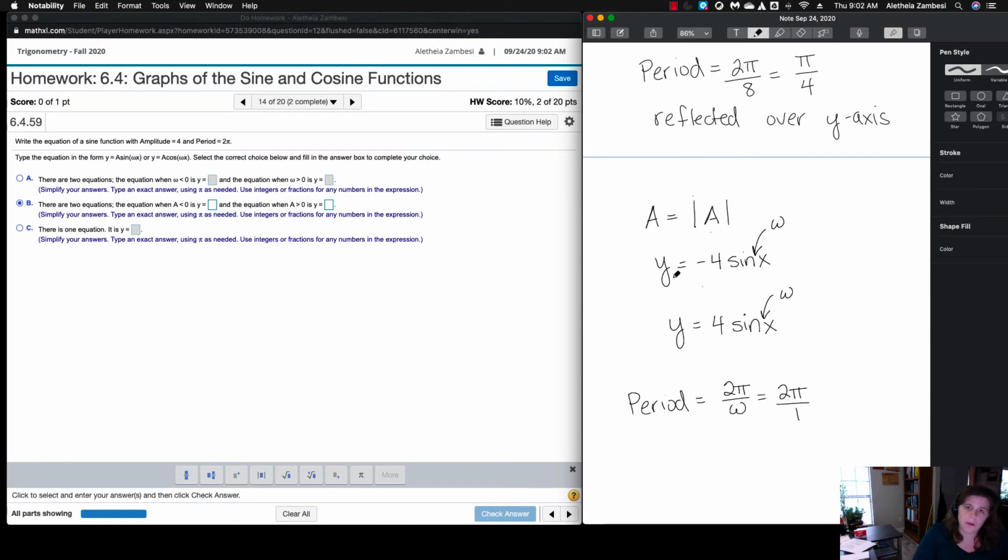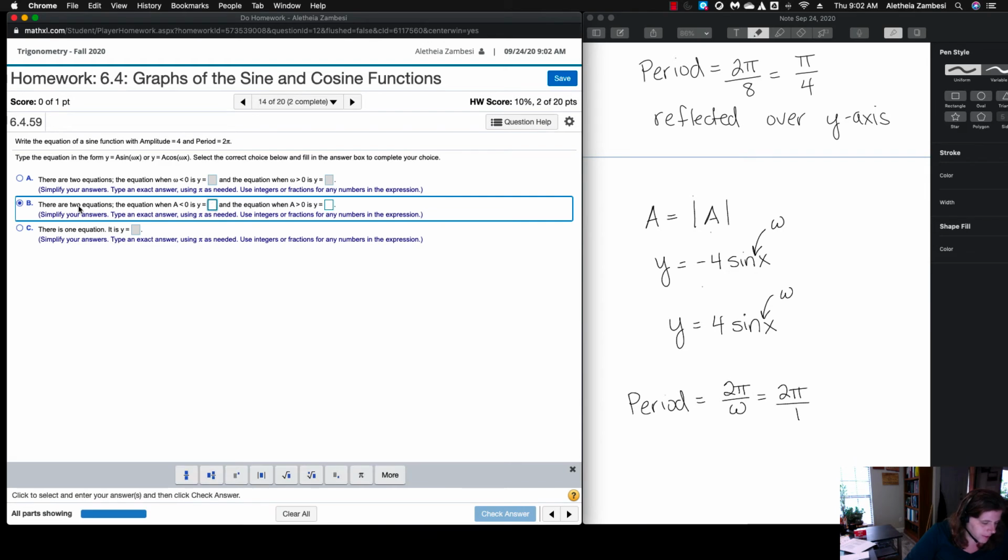One with positive 4, one with -4. So we have 2 equations. The equation when a is less than 0 is y equals -4 sine of x. And when a is positive, we have 4 sine of x.